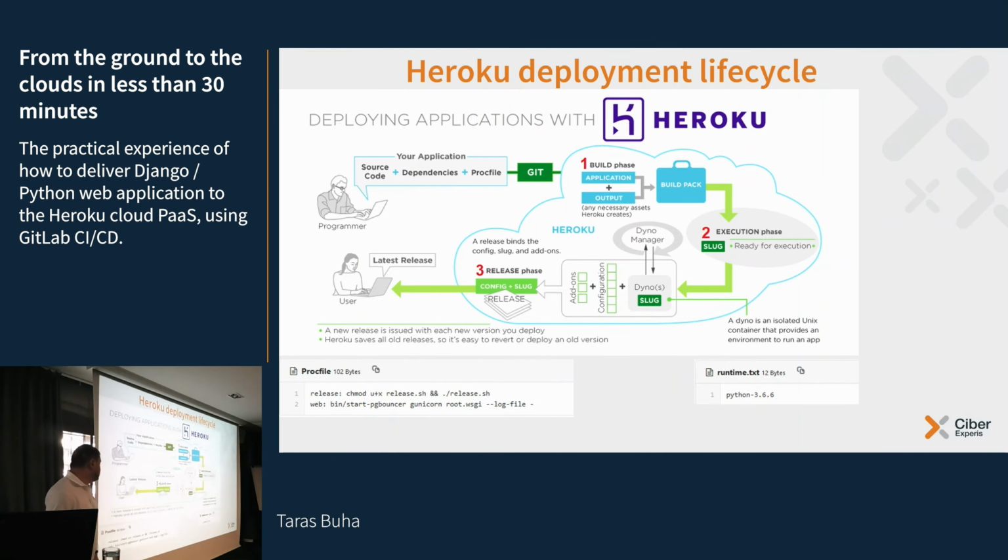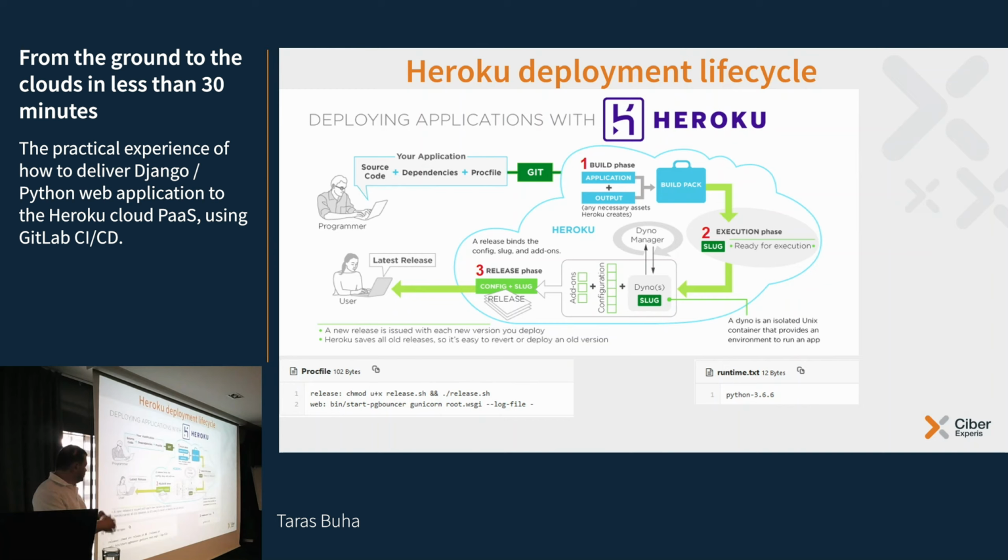for a Python-based application. The first line tells Heroku which commands to run on the release phase, when the build is going and a new image and other things are being prepared. The second line is the web process, which says how to run the application when it is being deployed.